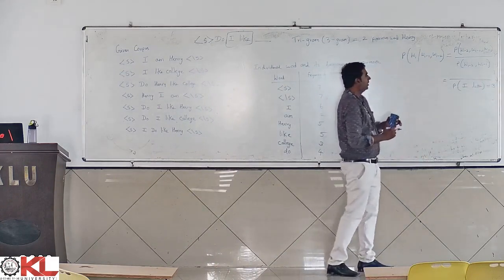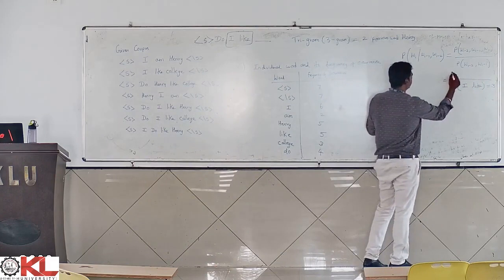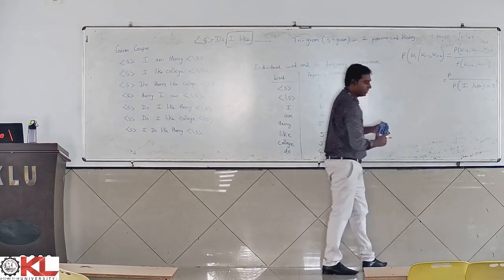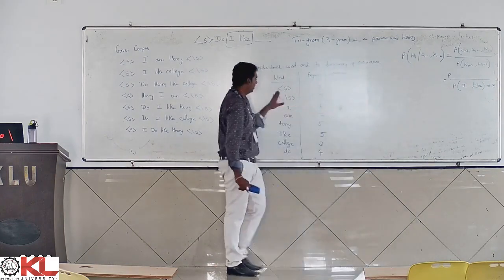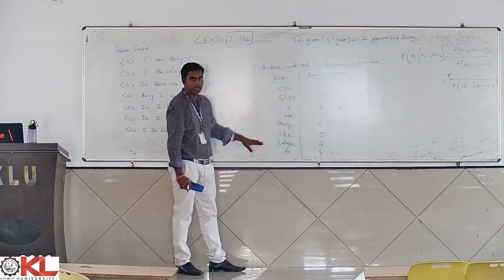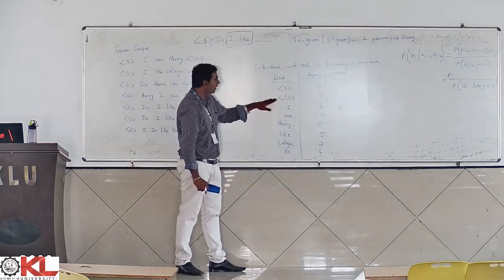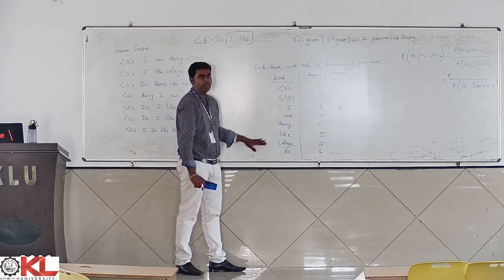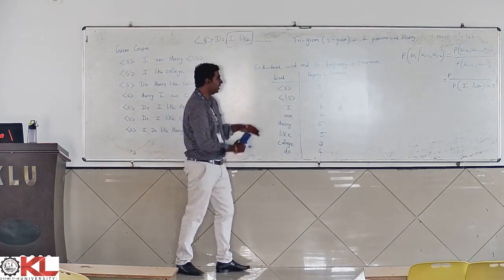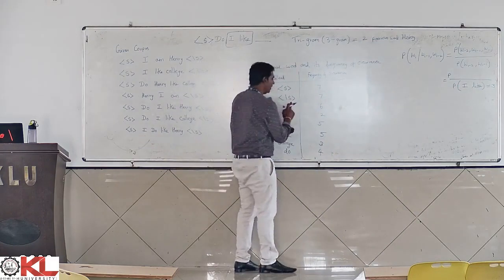Now what about the numerator? I am going to check each case. As with the bigram model, we find the probability of occurrence for each case. First I am checking for the end of the sentence.